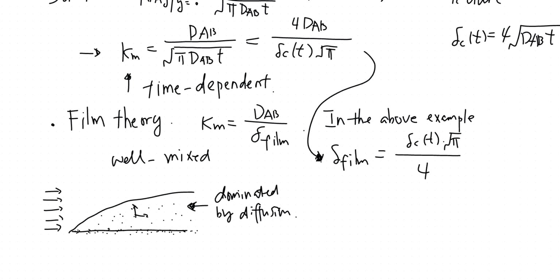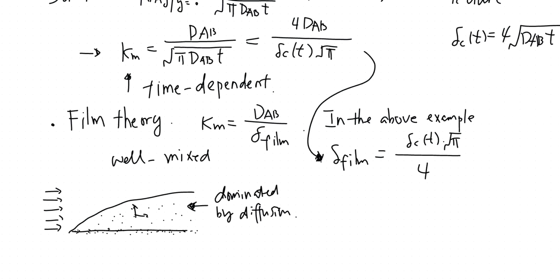It depends on the practical reason. Delta film gives us a conceptual advantage to understand that within the delta film region, it is diffusion dominated.